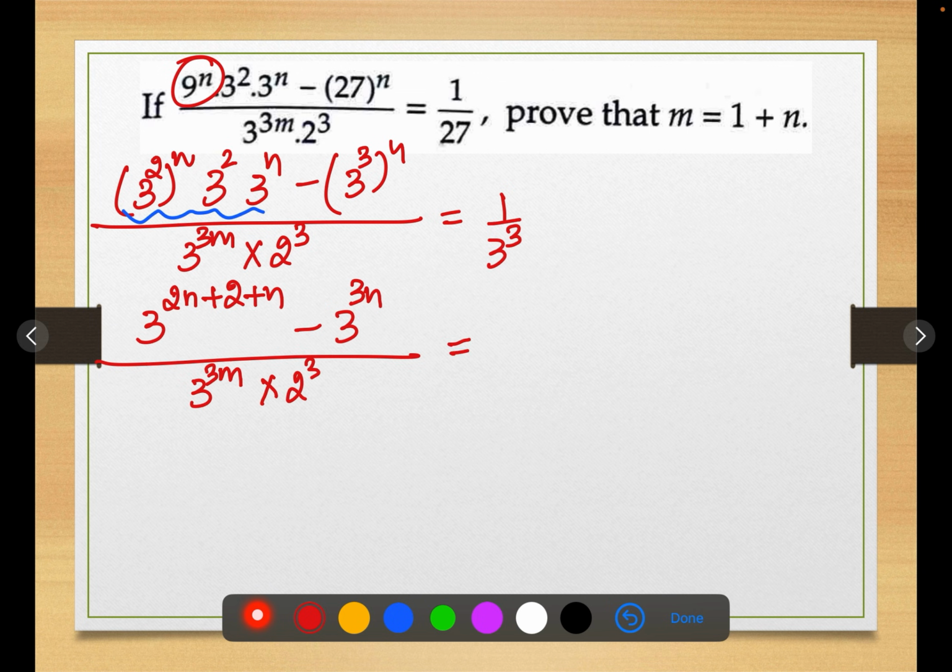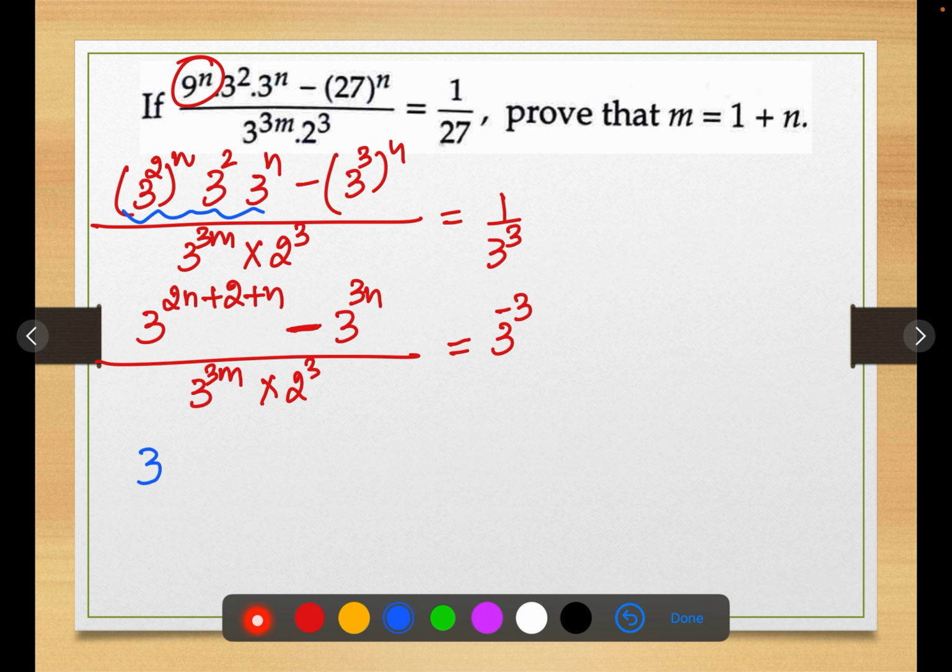Nothing can be done. This is 3 to the power minus 3 if I reciprocate. Here there is a minus sign. So whenever I have a minus sign in an exponents question, there is no alternative other than taking common. So I'll take 3 to the power 3n common. Let's not do the shortcut.